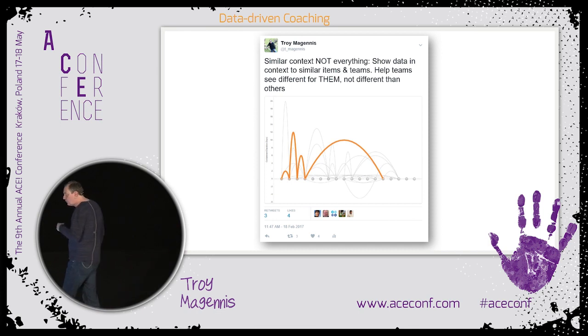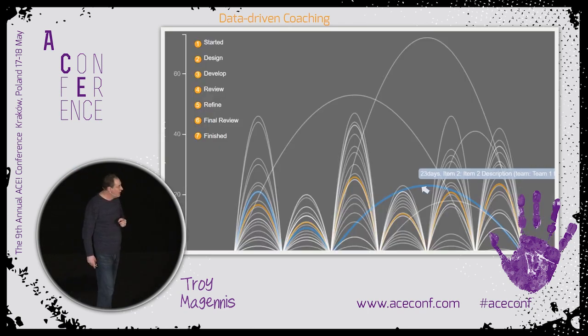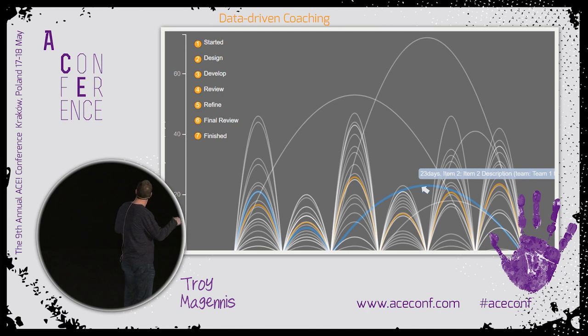So I'm going to show you a new chart type that I want your feedback on. This is about 100 completed items historically for a team. Down the side, 1, 2, 3, 4, 5 are the different states in the system.